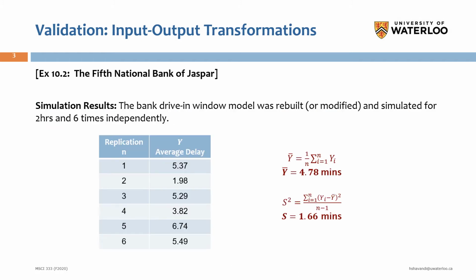We run the modified simulation model, again with the same number of replications, and here we have the results. Now we calculate y bar, the average of the sample data, which now becomes 4.78 minutes, and the standard deviation of the sample data becomes 1.66 minutes.